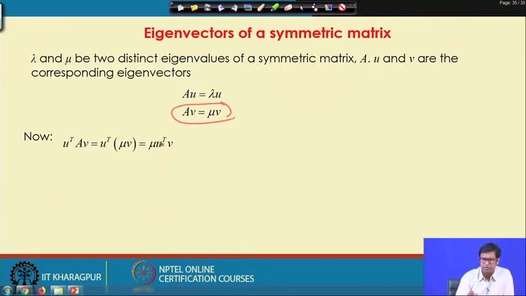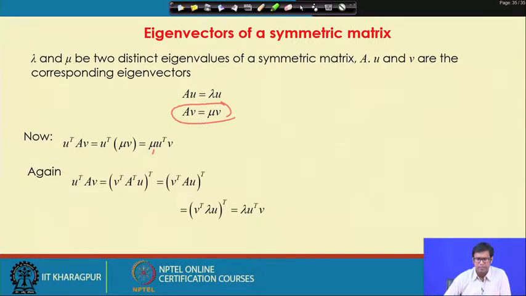So, u transpose A v is equal to u transpose mu v, and as mu is a scalar, that will come out. So, mu u transpose v. Again, u transpose A v is equal to the transpose of v transpose A transpose u by the transpose product rule, which is v transpose A u, and A u is nothing but lambda u.